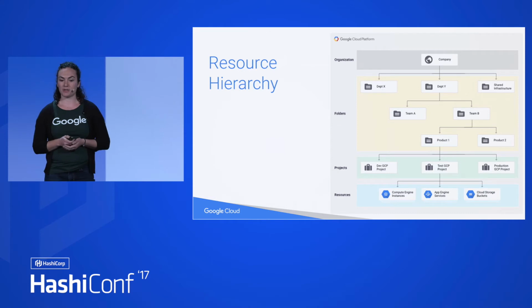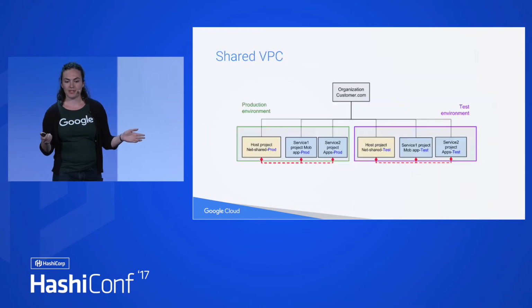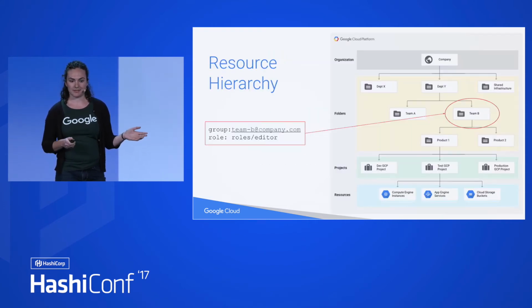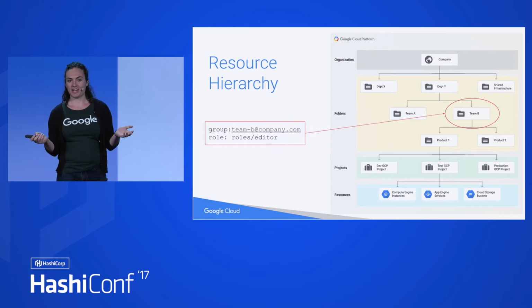So if you have your team called Team B, and you want to make sure that they have edit access to any resource that's created underneath it, you take that Google group that corresponds to that team, and you give it the IAM policy of editor, and then everybody that's in that Google group has access all the way down the chain.